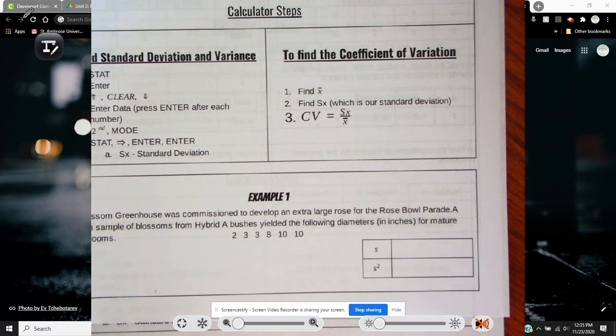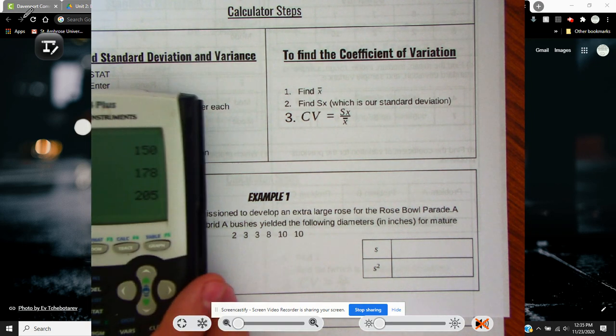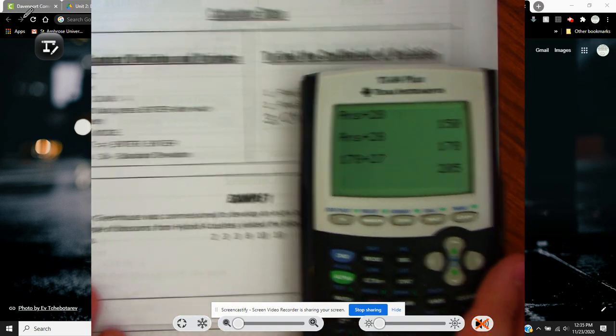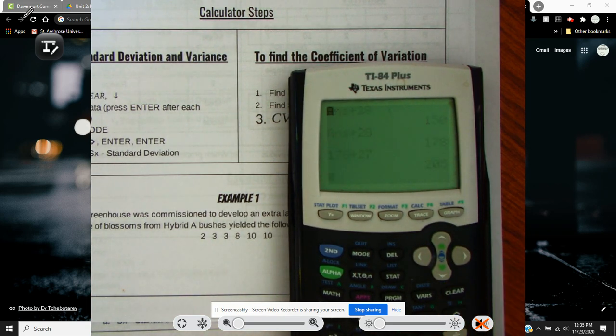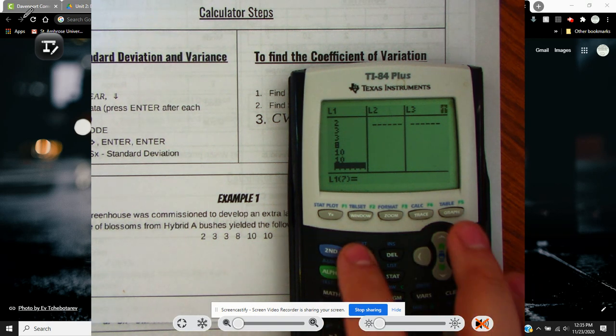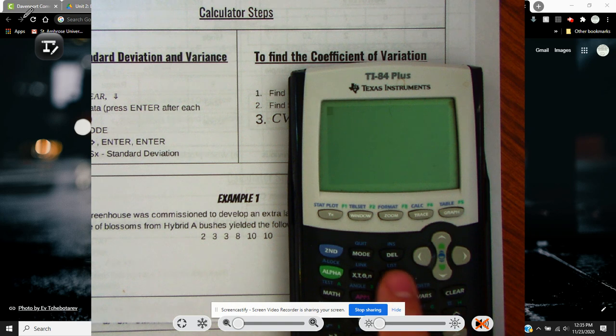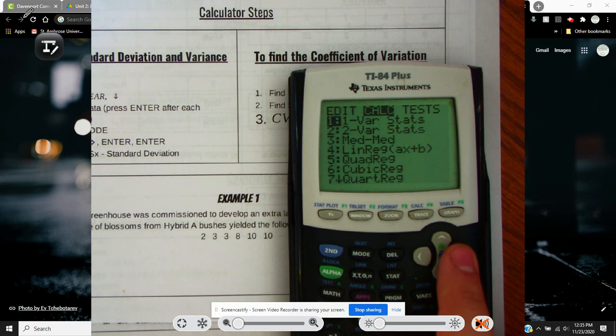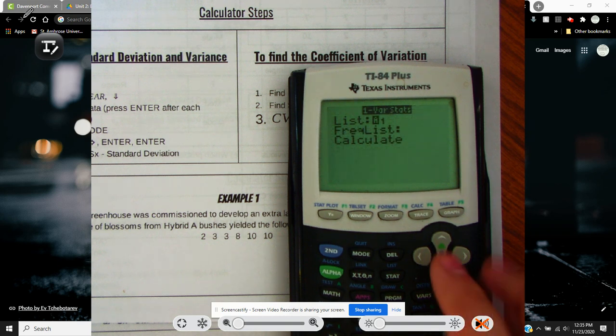So what we're going to do in our calculator is once again hit Stat, hit Enter, move up, Clear, down, and then enter these numbers. So 2, Enter, 3, Enter, 3, Enter, 8, Enter, 10, and 10. Then it says Second Mode to quit out. Hit Stat, move over, hit Enter.